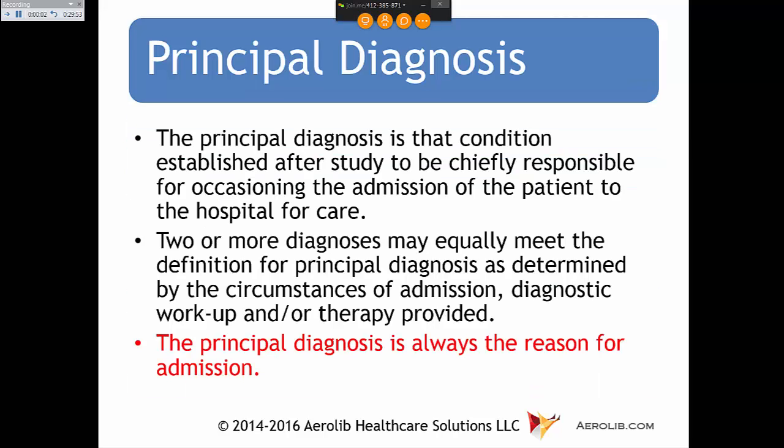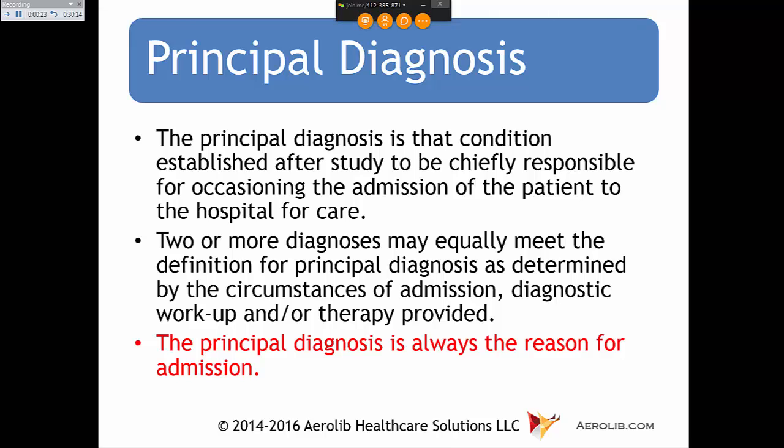So principal diagnosis, and this is so important with chest pain because there's just a vast variety of differentials. It's the condition established after study to be chiefly responsible for the admission. Now, 2 or more diagnoses can equally meet the definition, but the principal diagnosis is always the reason for admission.